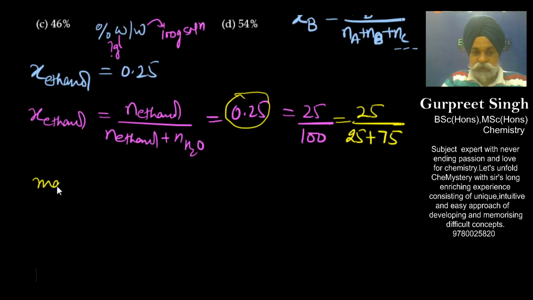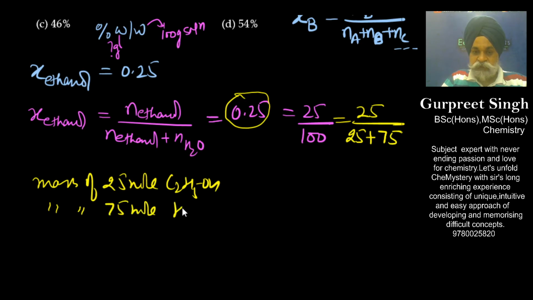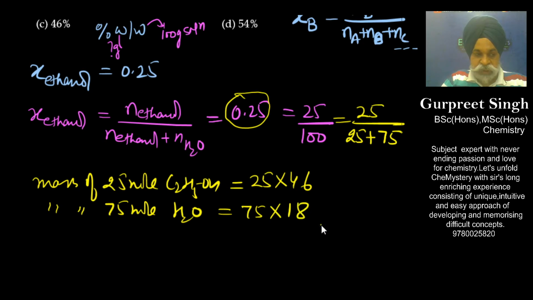So if I say mass of 25 moles of ethanol and similarly mass of 75 moles of water, this would be 25 into 46 and this would be 75 into 18, and this would make 1150 and this would give me 1350 grams.